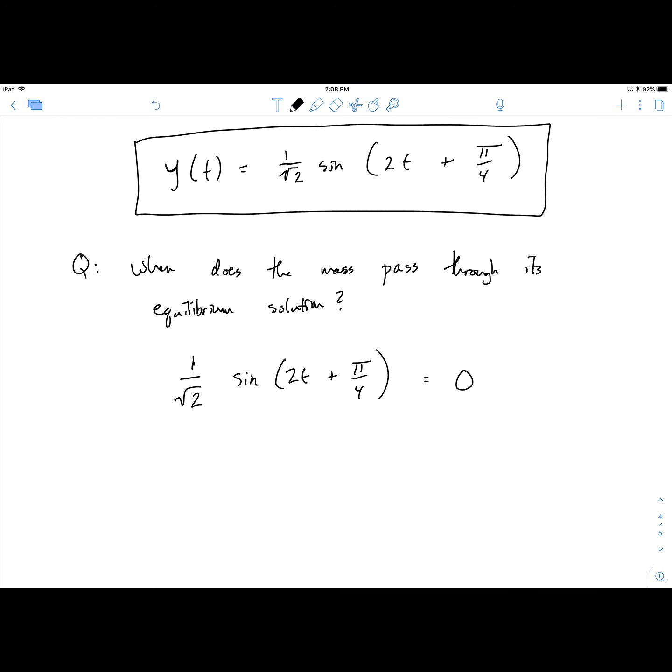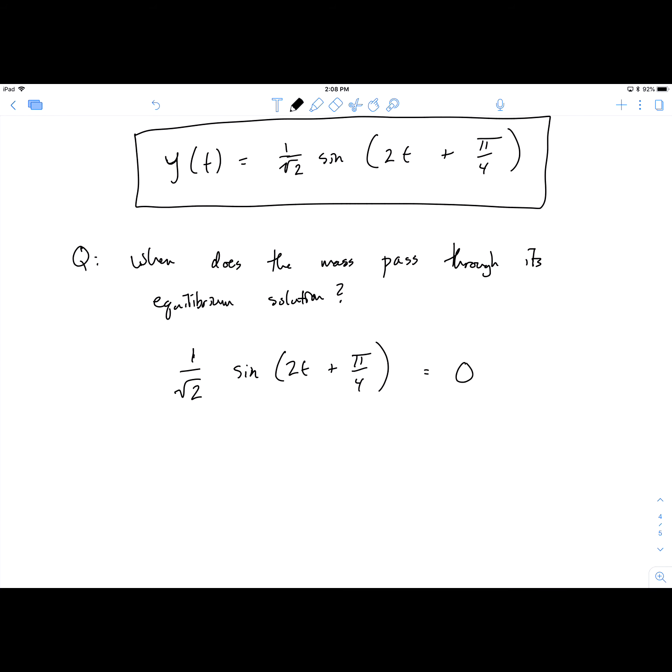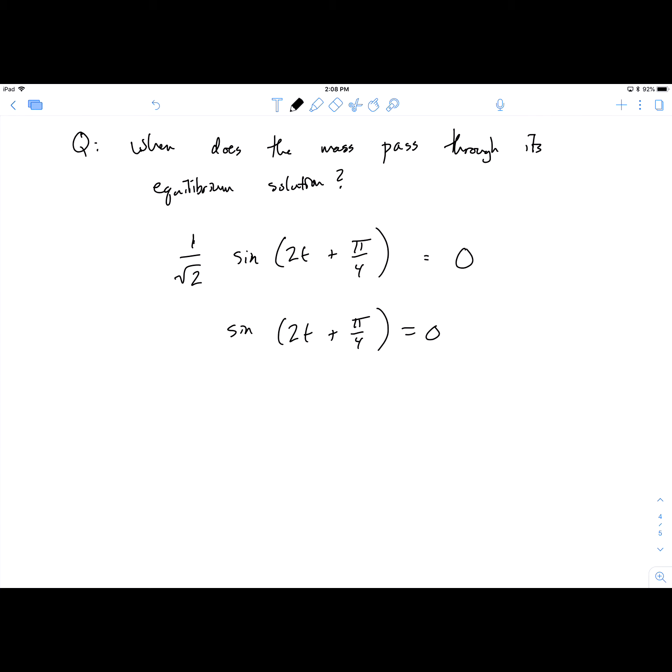So if we work on solving this, we can multiply both sides by the square root of 2 to get rid of this, which just means that the sine has to equal 0 as well. So it basically simplifies to this equation. And so if you think back to your pre-calc days, to solve something like this, we have to think about where the sine function equals 0.